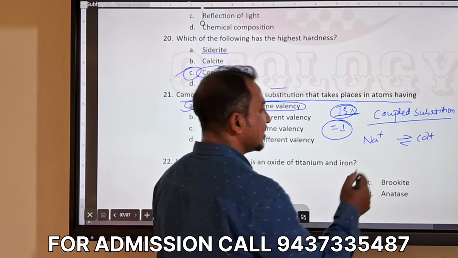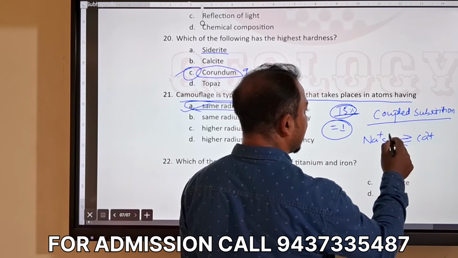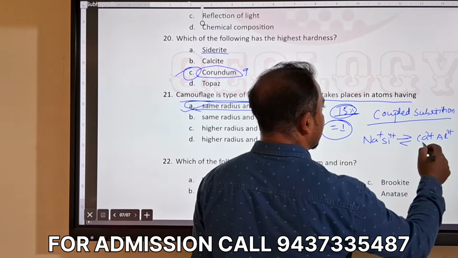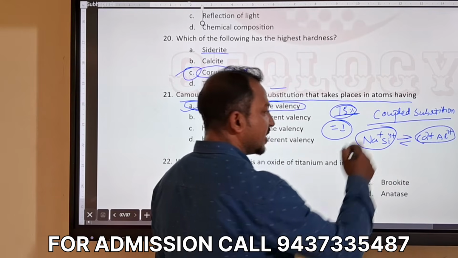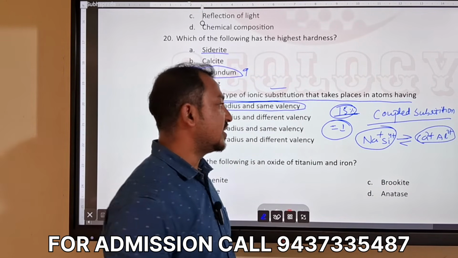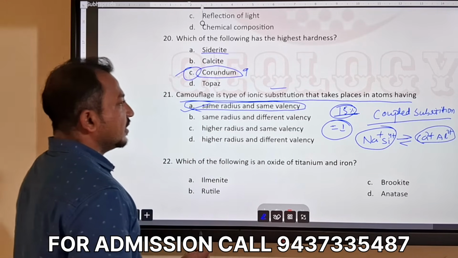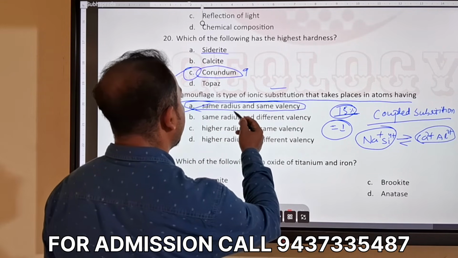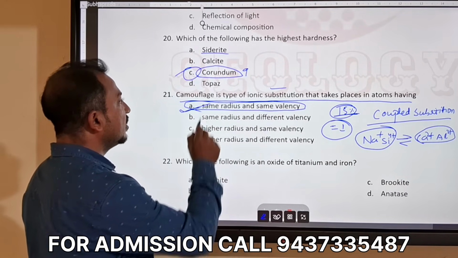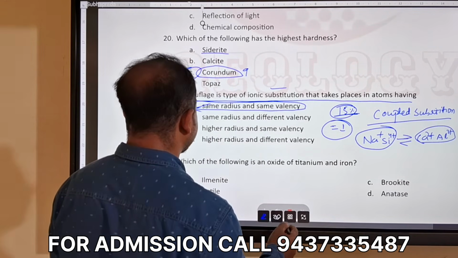To balance that charge, Na+ is replaced with Si4+ and Ca2+ is replaced with Al3+. So these two will replace these two. That's why it is called coupled substitution. These occur to balance the charge. This is same valency, same radius, called a simple substitution. So the answer will be A.